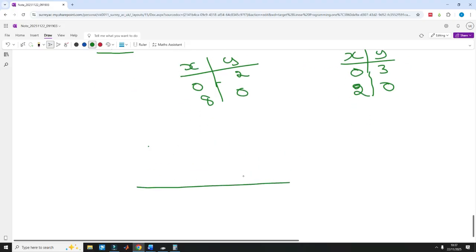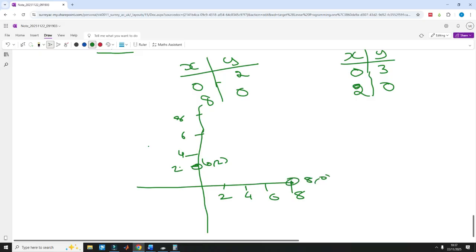Let's mark 2, 4, 6, 8 on both axes. First plot these two values: 0, comma 2, somewhere around here, and then 8, comma 0, which is this point. Now draw this line.